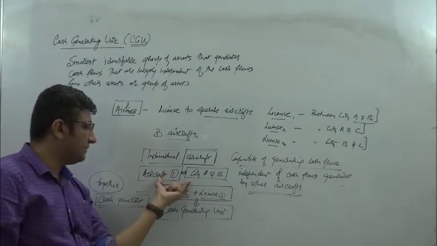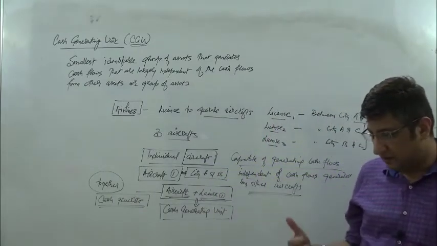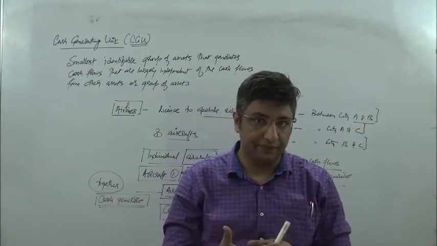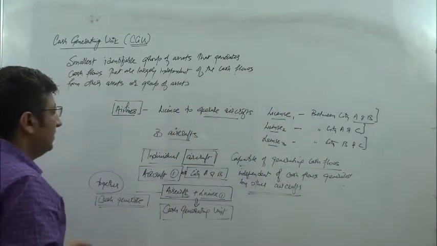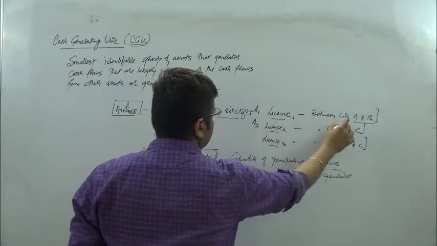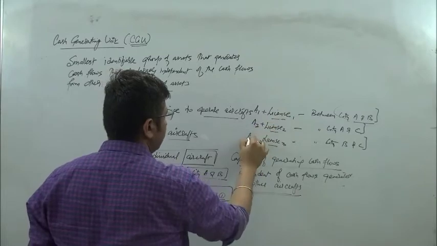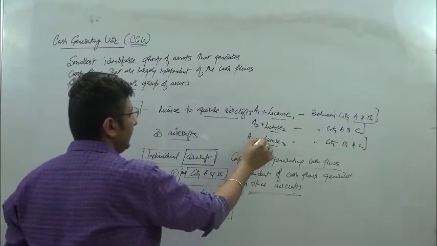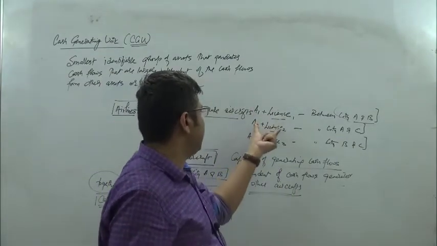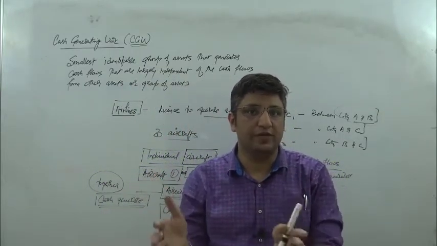The cash flows generated by aircraft 1 and the license to operate between city A and city B together become a cash generating unit, right? Likewise, aircraft 1 plus license 1, aircraft 2 plus license 2, and aircraft 3 plus license 3. Individually, as a combination, A1 plus L1, A2 plus L2, and A3 plus L3, they would be separate cash generating units for me.